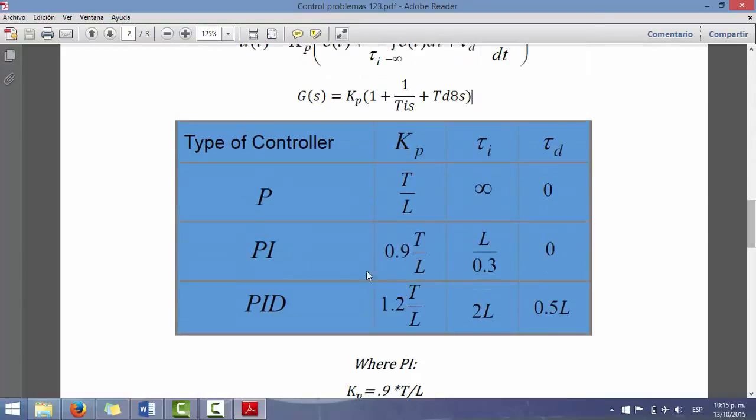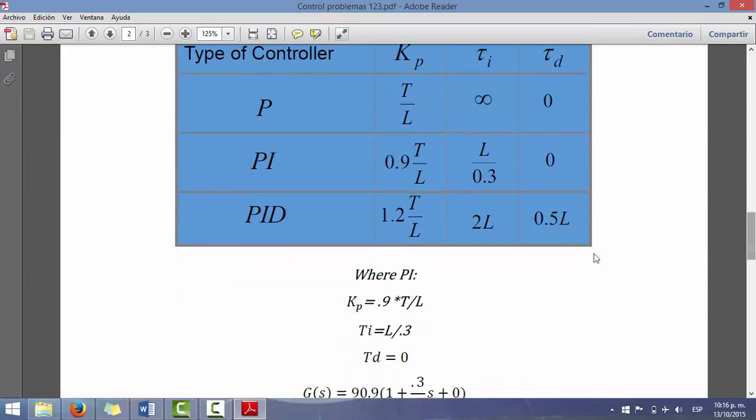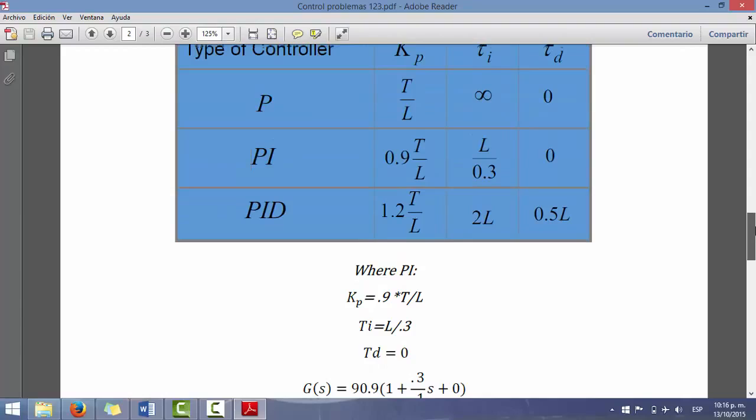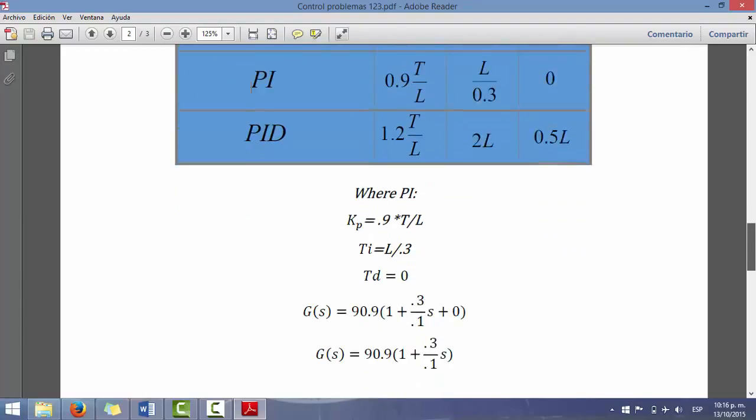So we have a table with some values for designing a PI compensator. This row is the one that is important to us. We know that the value of Kp is equal to 0.9 times T over L, the value of Ti is equal to L over 0.3, and the value of Td is equal to 0.